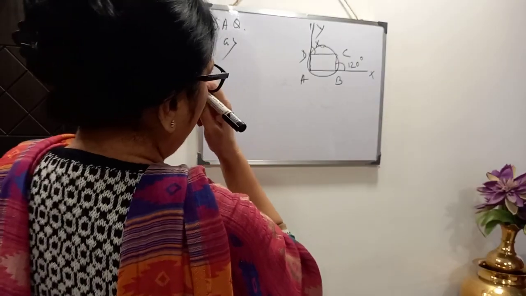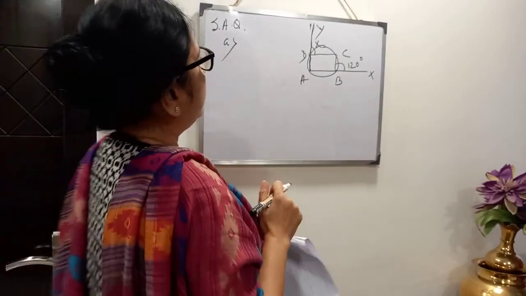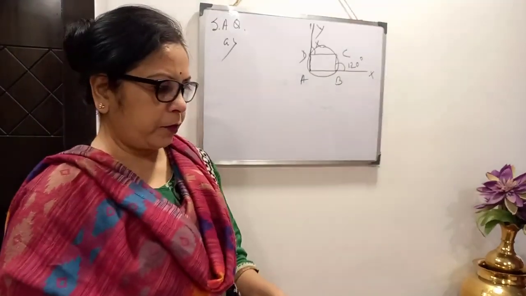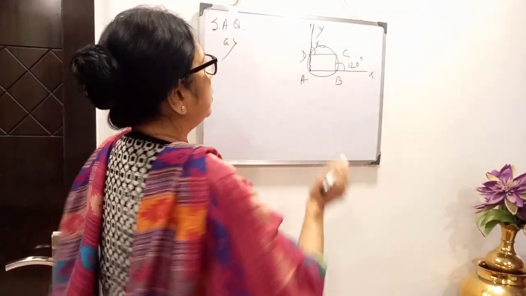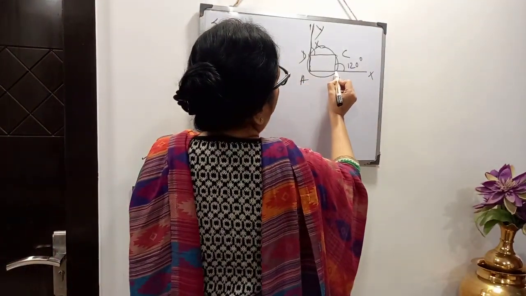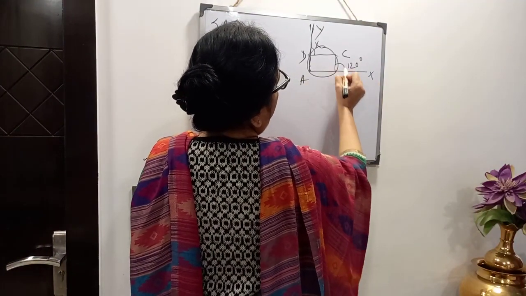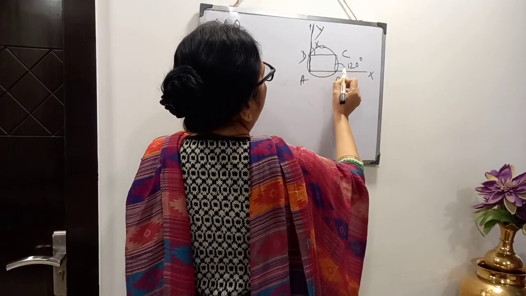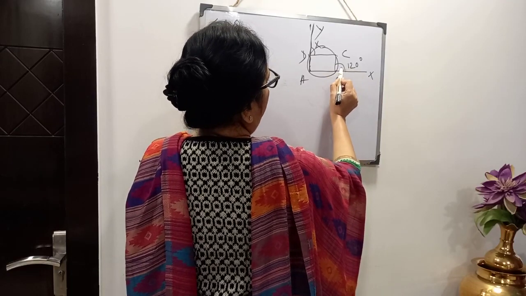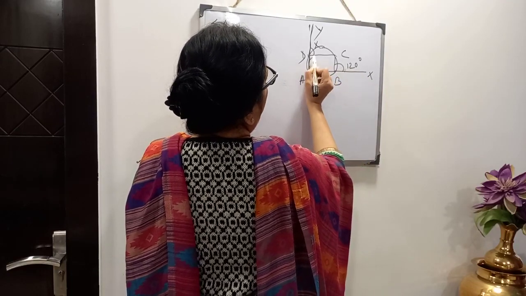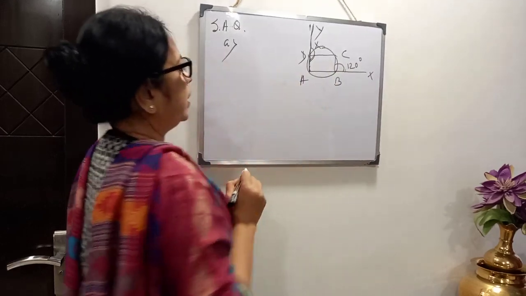Okay. Now you see, here we will apply another property of a cyclic quadrilateral: this side of the cyclic quadrilateral is extended, so this is the external angle. Now you know that the external angle of a cyclic quadrilateral is equal to the opposite interior angle.